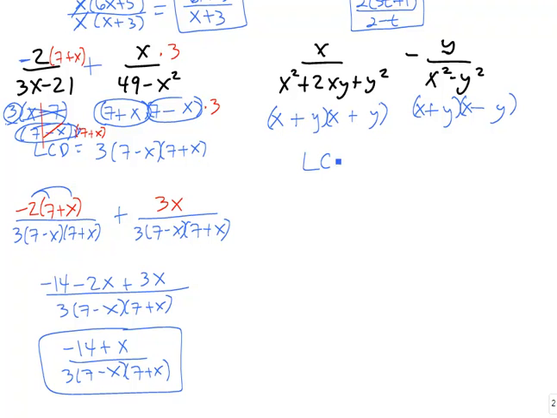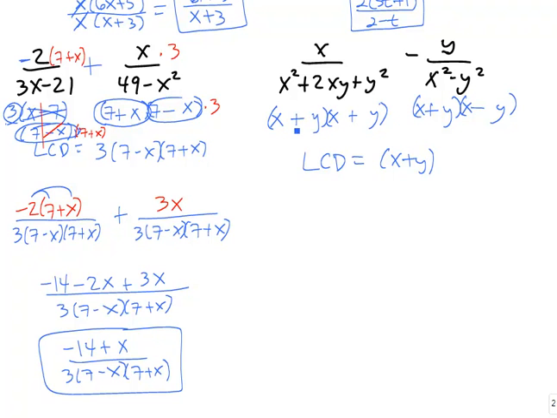Now our common denominator, our least common denominator, this one you need to be a little bit careful about. We have x plus y showing up in our first denominator and in our second denominator. So we definitely need an x plus y, but we need the x plus y factor to occur the greatest number of times that it occurs in any denominator.